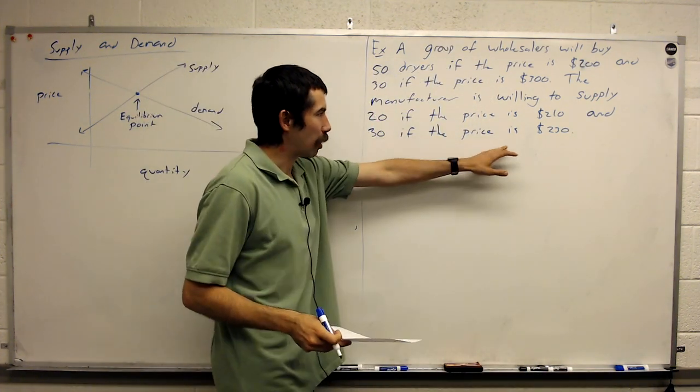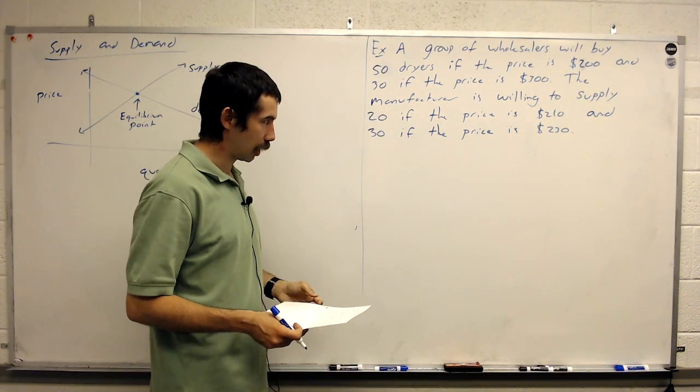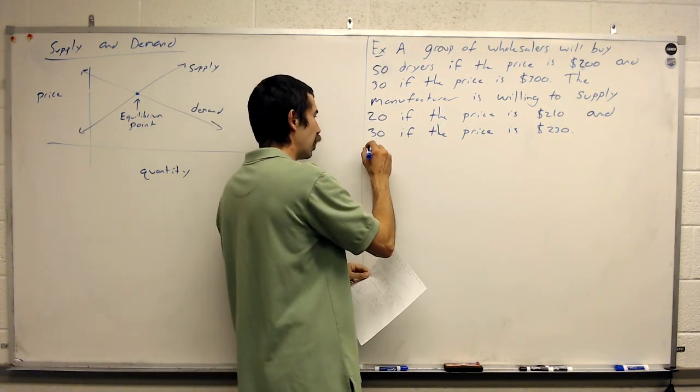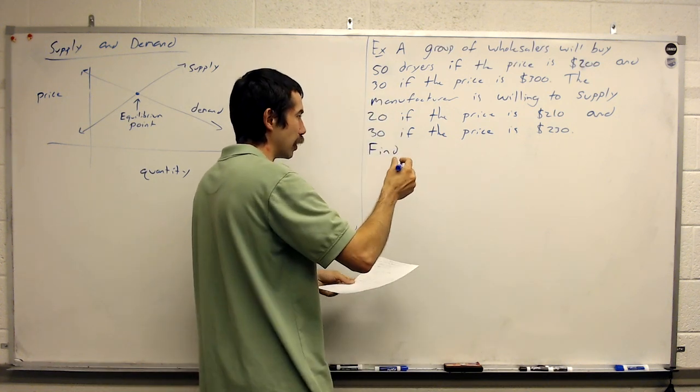So if somebody's willing to pay more, this manufacturer is willing to make more. This kind of makes sense. Let's find the equilibrium price, or the equilibrium point for the market.